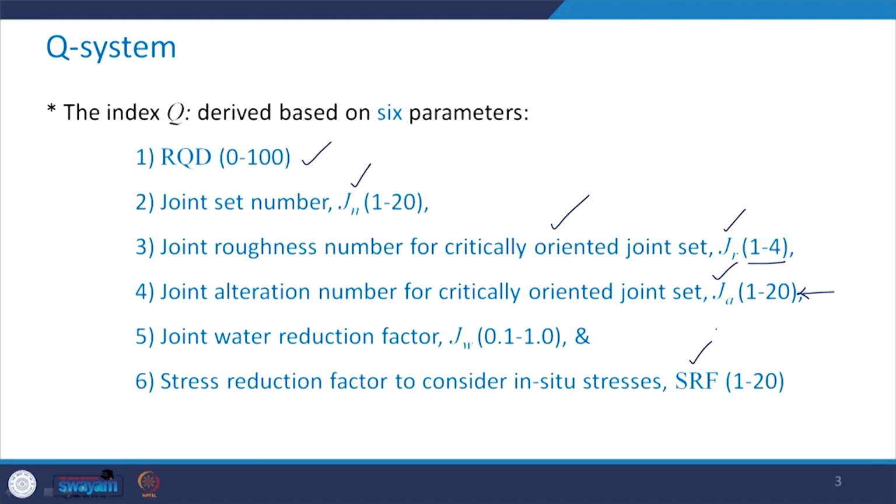We have seen that in case of RMR, the maximum rating which was assigned was 100. However, in this case, you can see that the index Q can take a value more than 100 also.